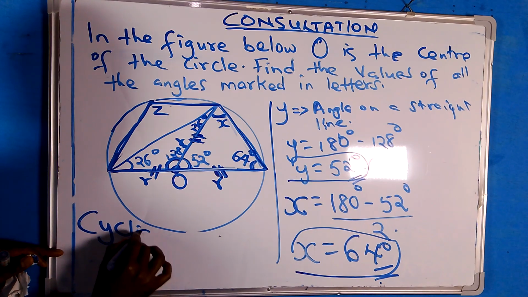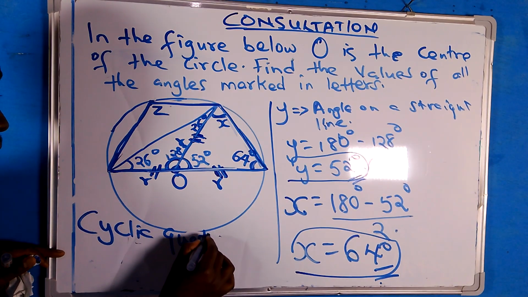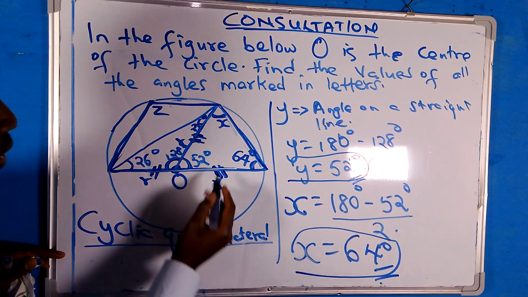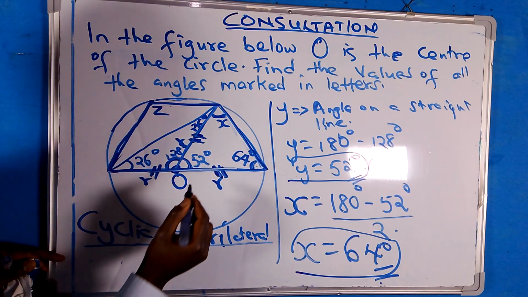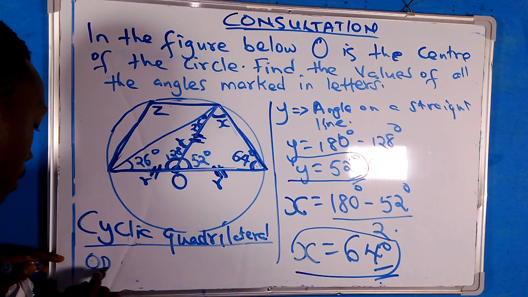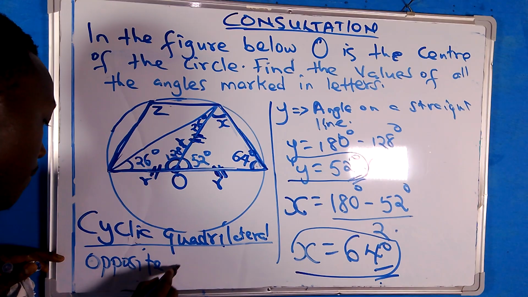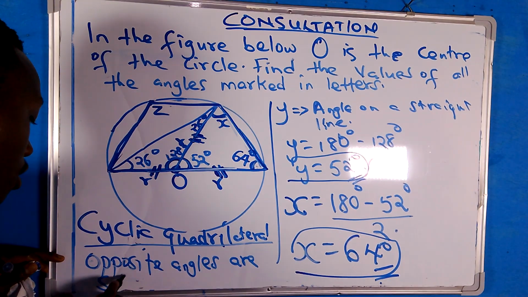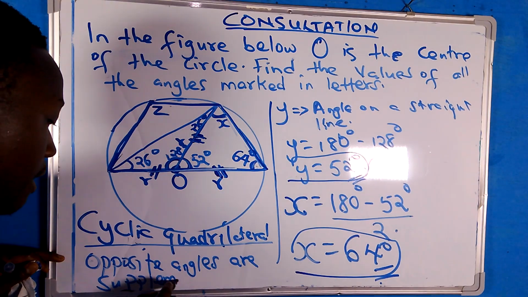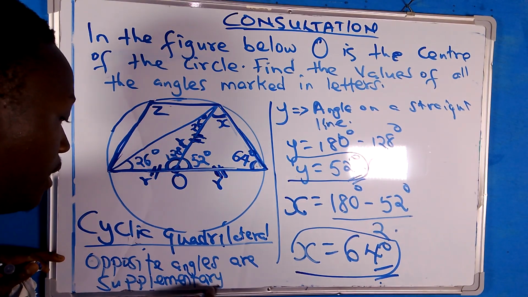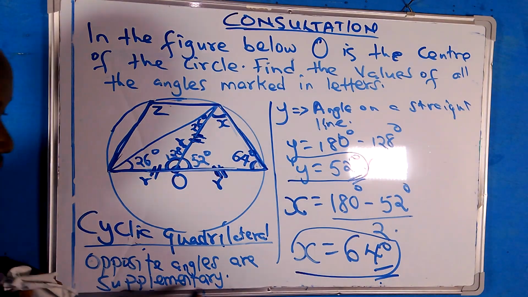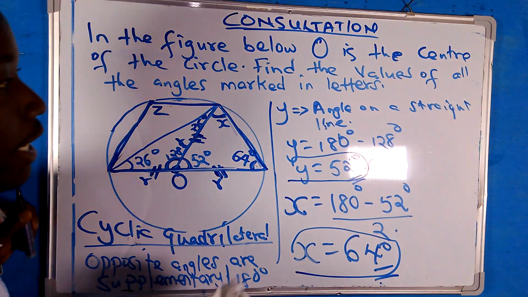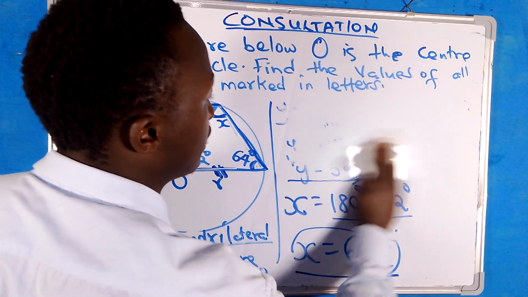In a cyclic quadrilateral, opposite angles are supplementary. Opposite angles being supplementary, we simply mean they add up to 180 degrees.